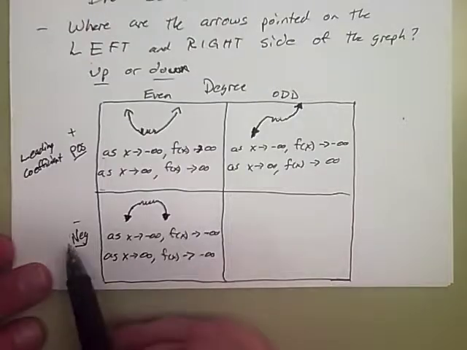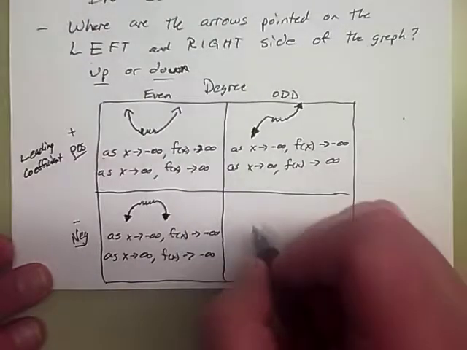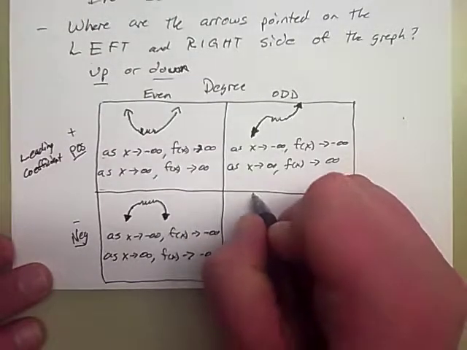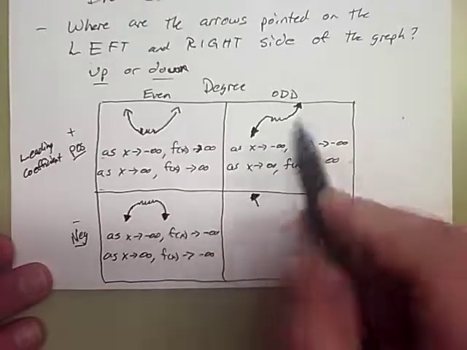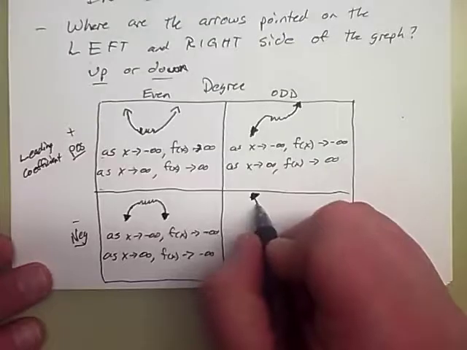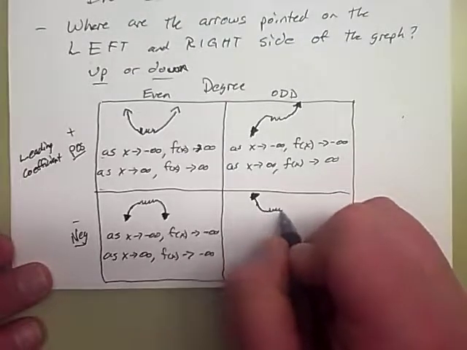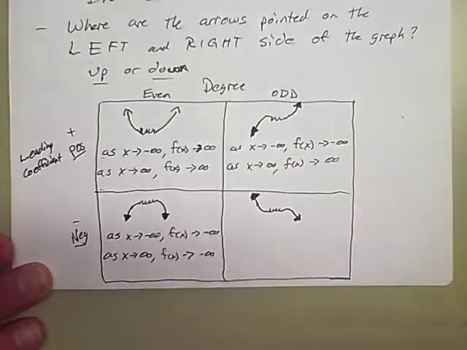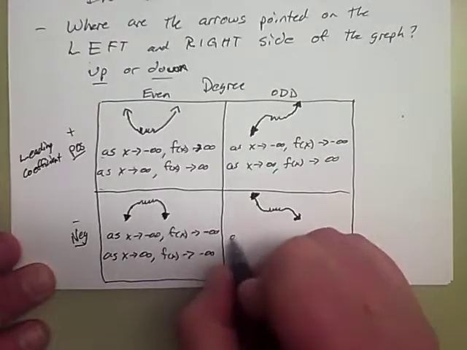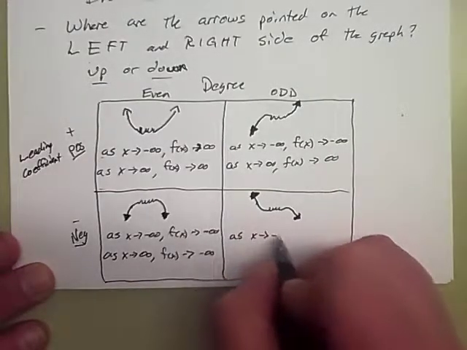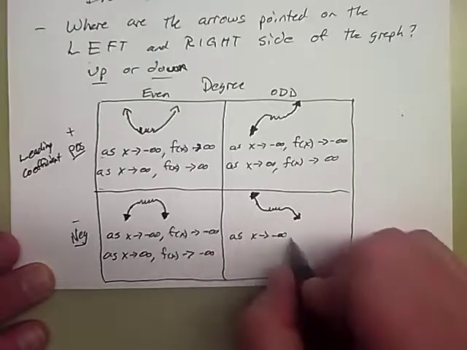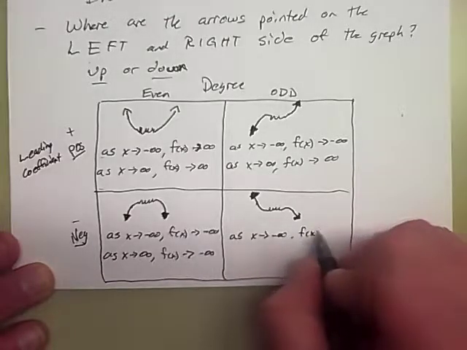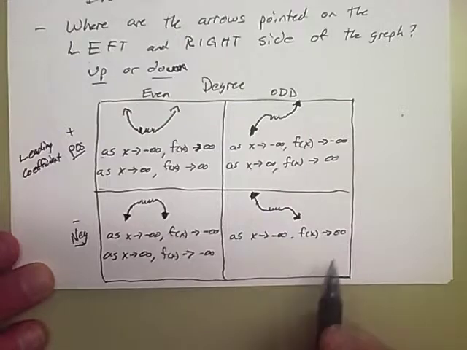And if I had a negative leading coefficient, then on the left side, the arrow would be pointed up. If my degree is odd and I have a negative coefficient, the left side is pointed up, and the right side is pointed down. So we would say as x approaches negative infinity, the left side, the arrow is pointed up.